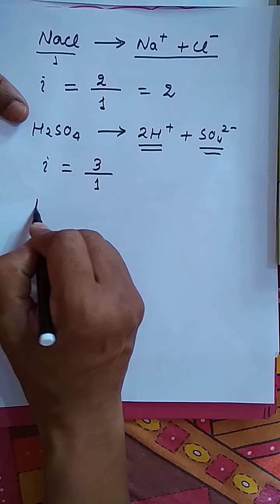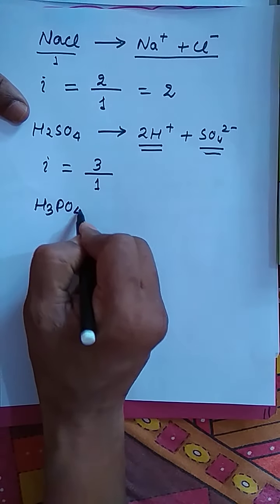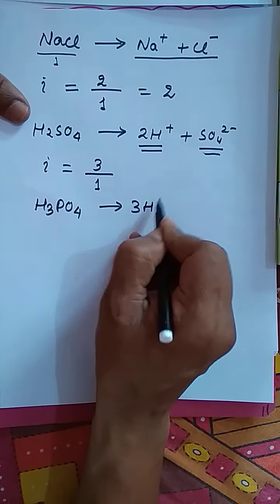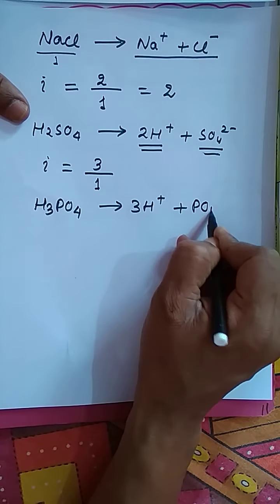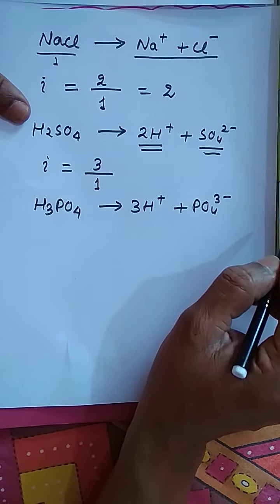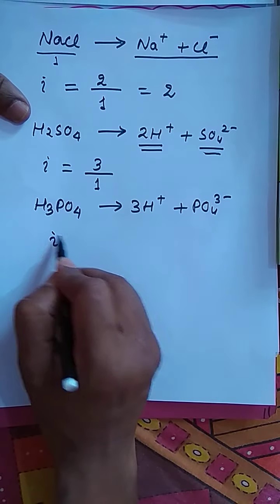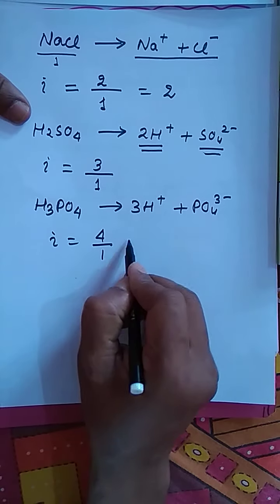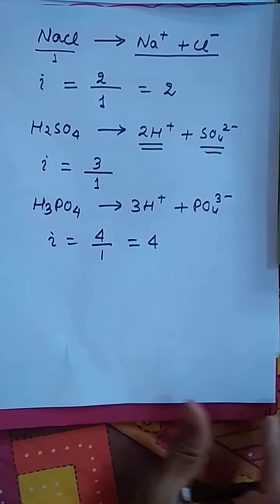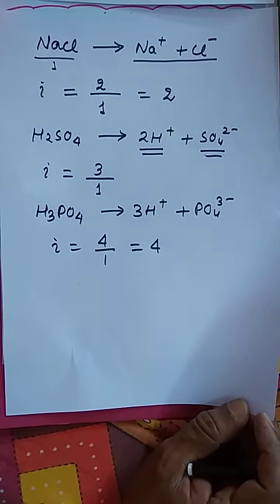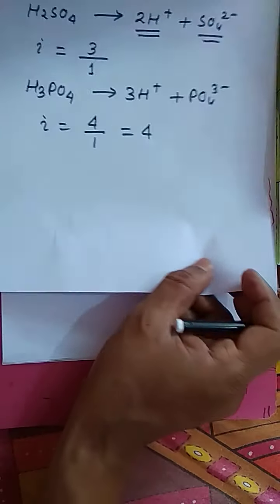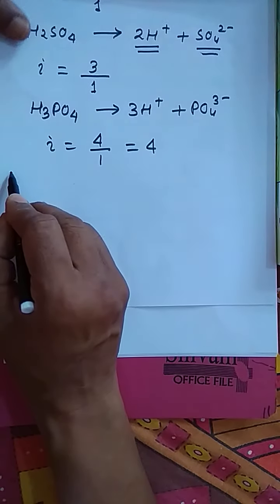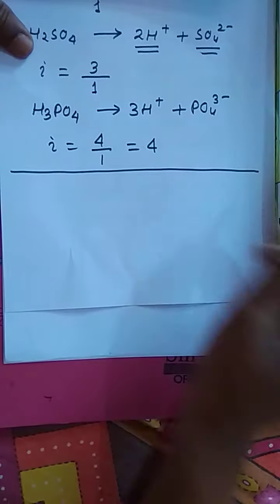In case of H3PO4, this is 3H+ and PO4 3-. It's a complete dissociation. The value of i is 3 plus 1, 4 upon 1, this is equal to 4. So it is very easy in case of complete dissociation as well as in case of complete association.